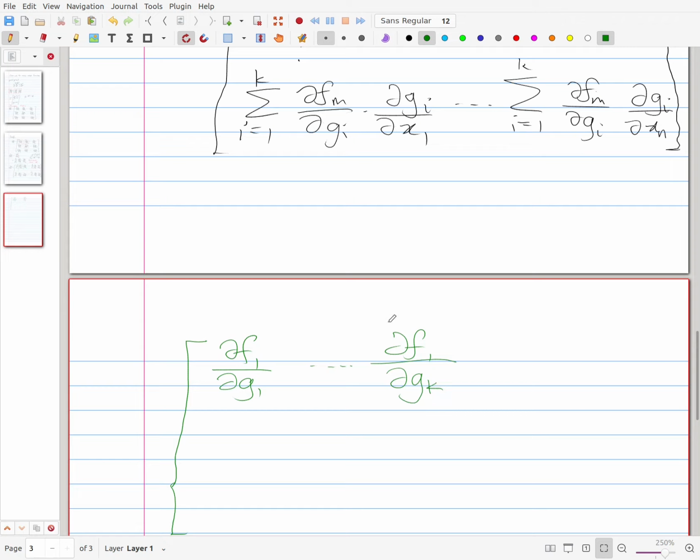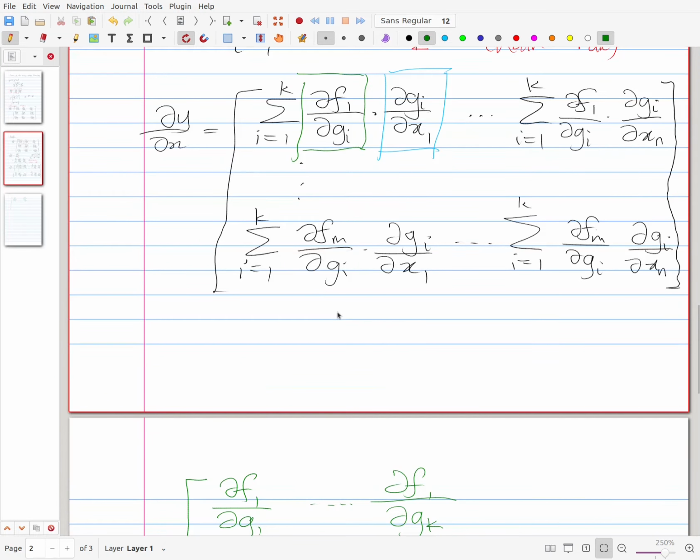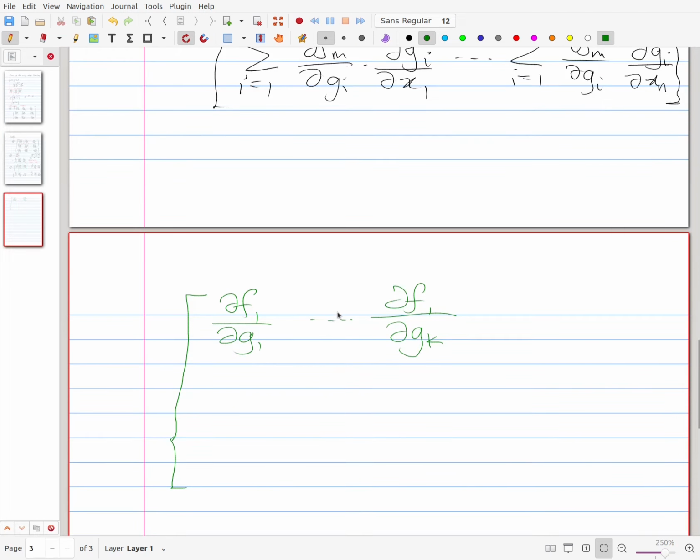Okay, so this first row is the partial of f1 with respect to all of the components of G. And for the next row, it's going to be the partials of F2 with respect to G, and so on.